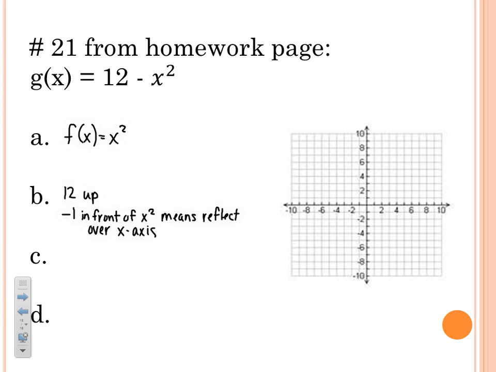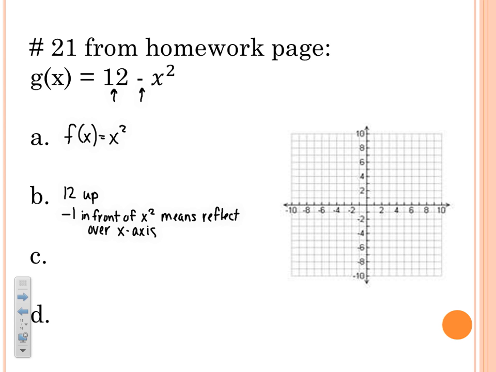So all of those things are on the previous slides for this video. So flick back if you have to and review those things. But I've got a negative in front of my parent function x squared, and I also have a plus 12 sitting there added on. So these two shifts are happening to my graph.